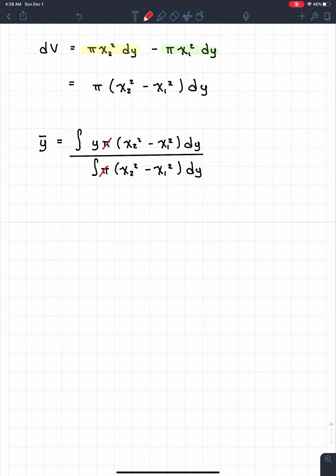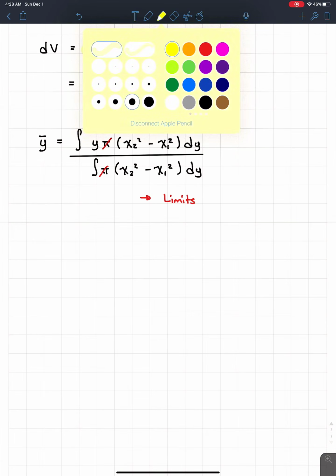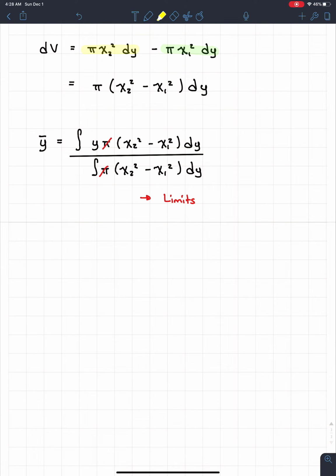Now we're left with two problems, and one of them is going to turn into a bigger problem later, as you will see. The first is that we need bounds or limits. When you want to determine your limits, look at what you're integrating with respect to. In this case we have dy's, so we're integrating with respect to the y-axis.